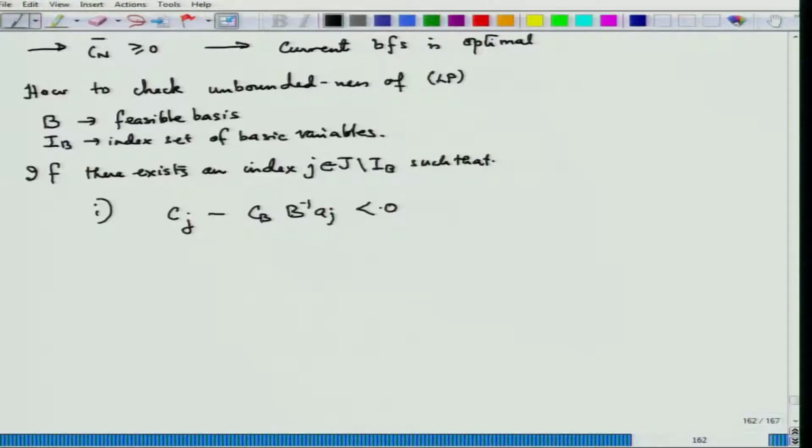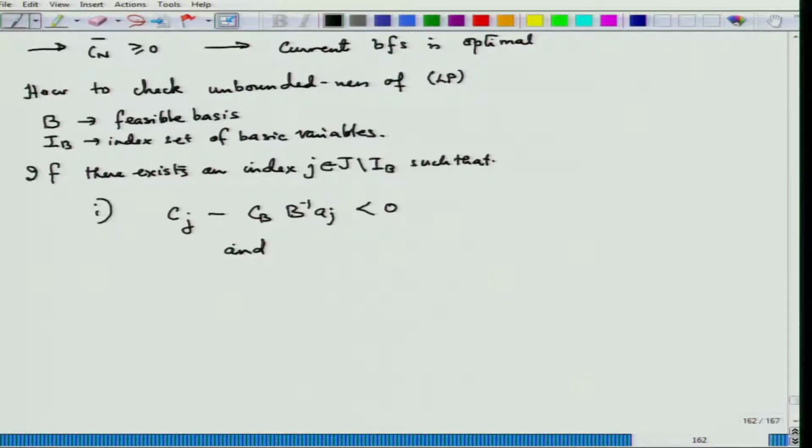This is not an if and only if condition. It says that if this is true, the current BFS is optimal, so it is not a necessary condition. If I have one of these not greater than or equal to 0, then we cannot be sure whether the current BFS is optimal, but if the current BFS is not optimal, it will give you something like this. So, once we have something like this in the algorithm, we try to be cautious, we know that possibly we have not reached the optimal, and make a trial to go to the next point.